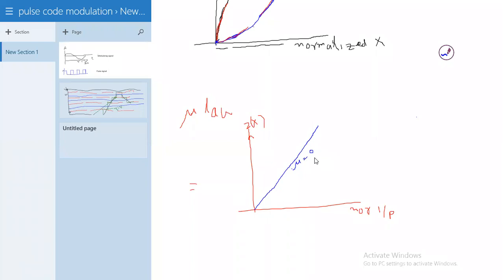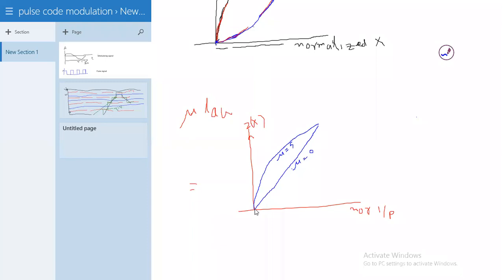Then mu equal to 5. If mu is equal to 5, this is the value. Next, mu equal to 255.